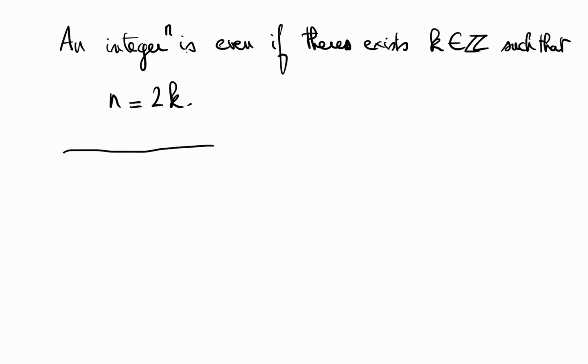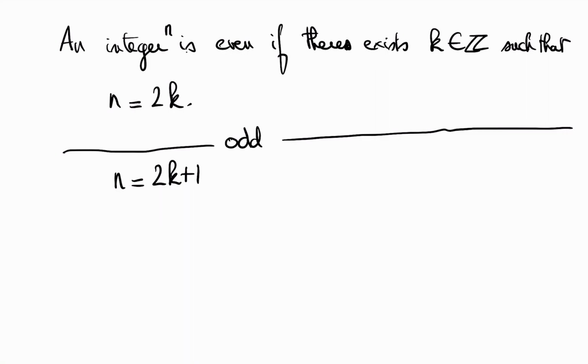Likewise, an integer n is said to be odd if there exists k belonging to Z such that n is equal to 2k plus 1.